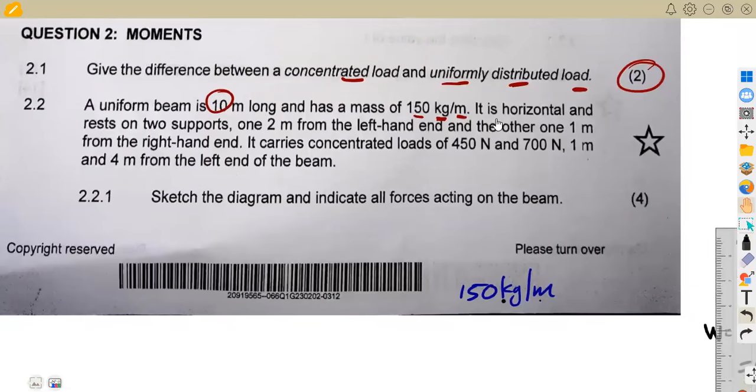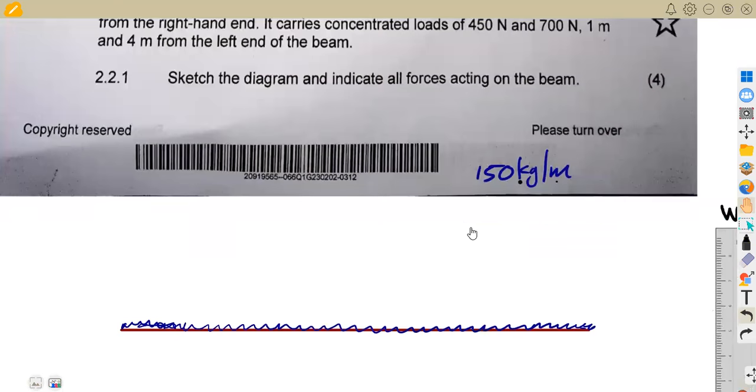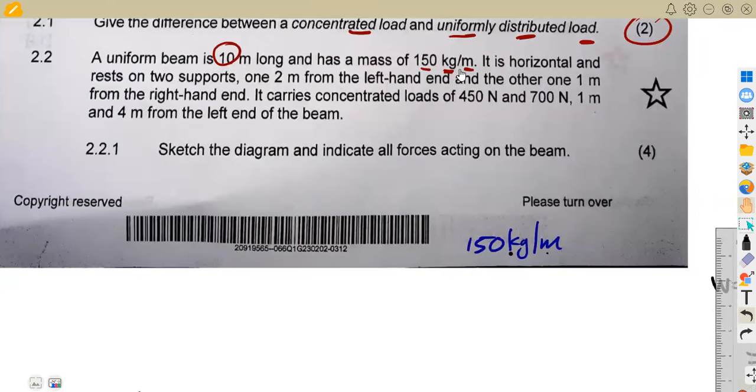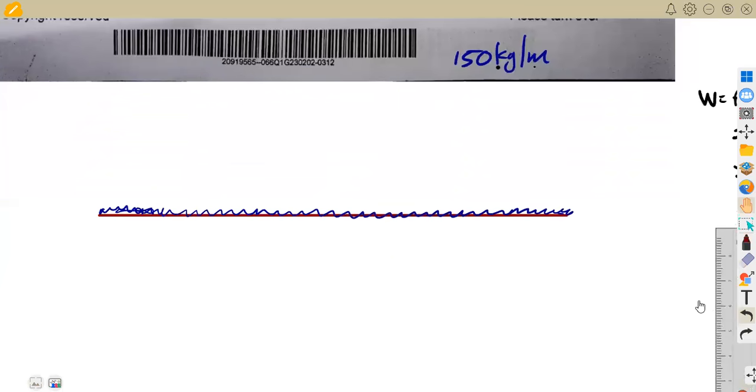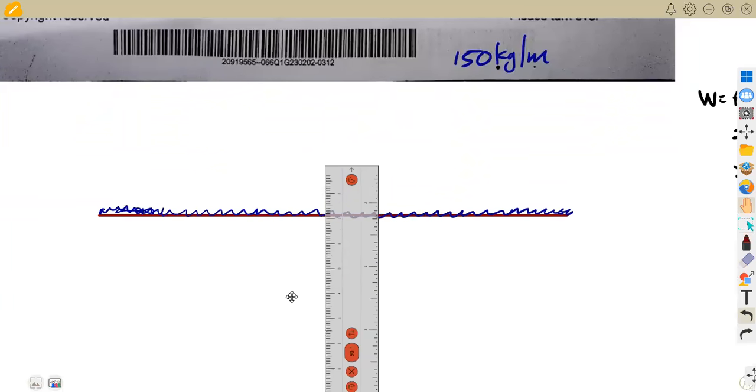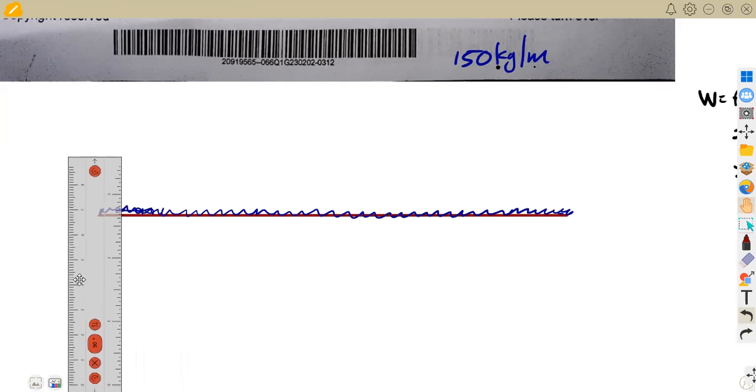It is horizontal and rests on two supports, one 2 meters from the left end and the other 1 meter from the right end. So we have 2 meters from the left. These are supports now. This is our left end, at this side.